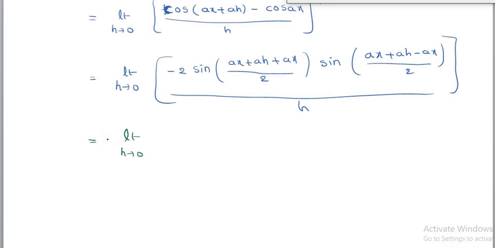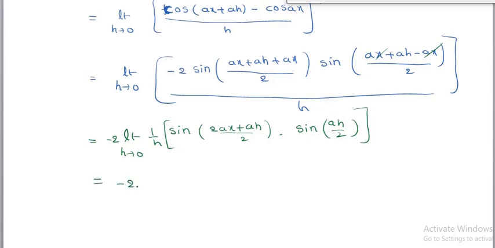So minus 2 is constant. Limit h tends to 0, sin((2ax+ah)/2) sin(ah/2), and 1/h is common.